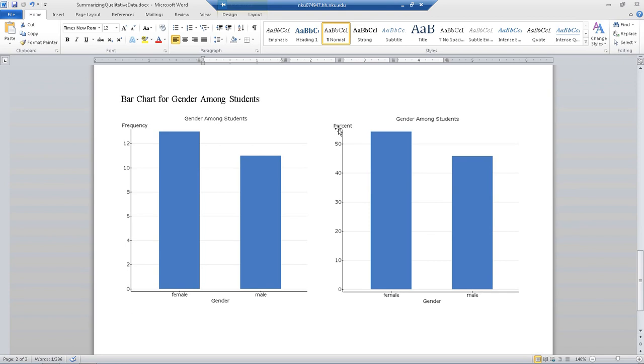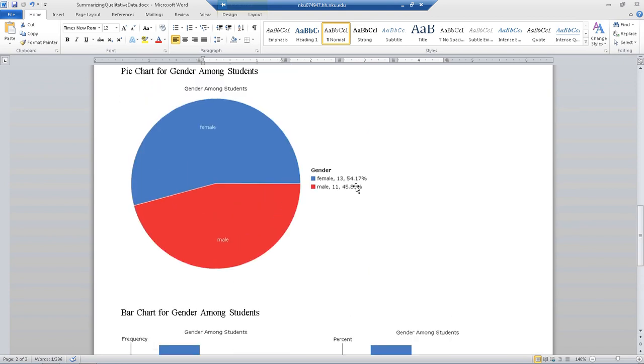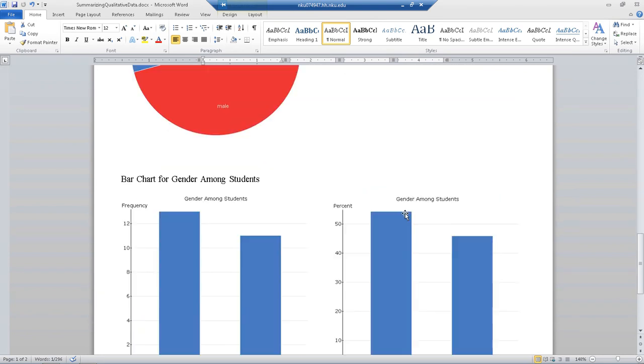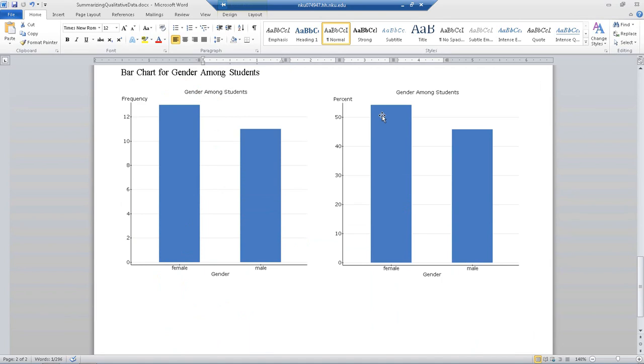This is percent now. So what I'm doing is using the percent value. So if you go back to the table, I've got a 54.2 and 45.8. So you can see that the females have that taller, 54.2. The males have the shorter, it's less than 50%. I think it was 45.8%.